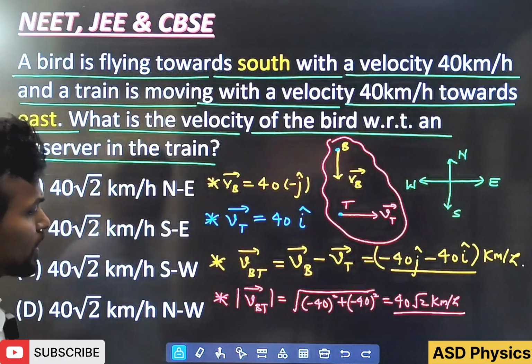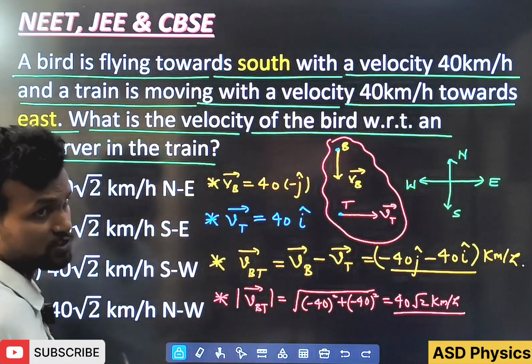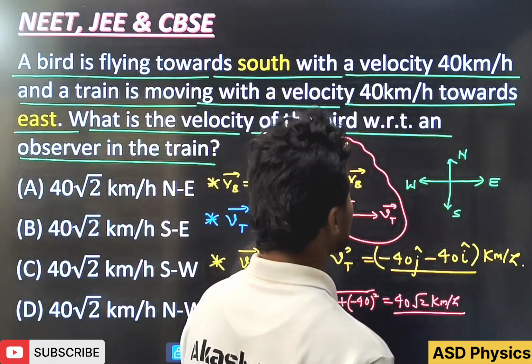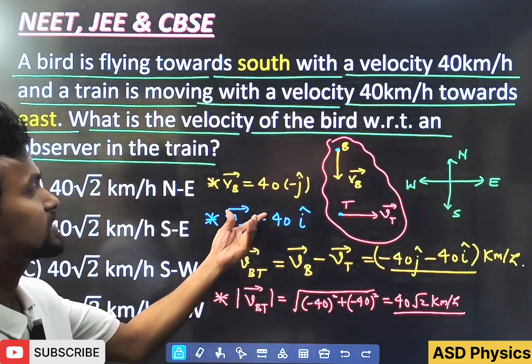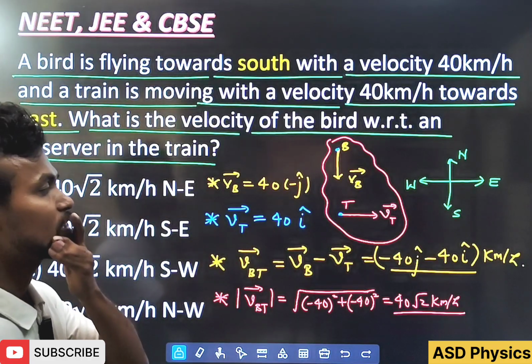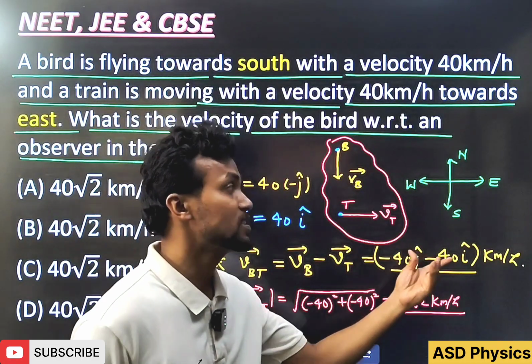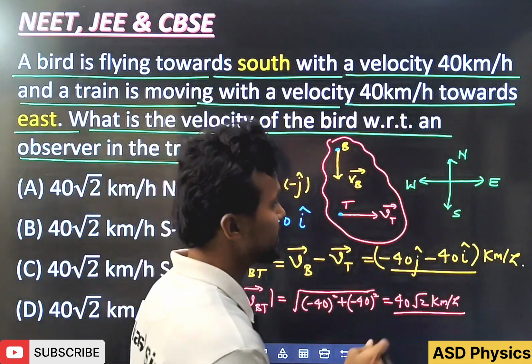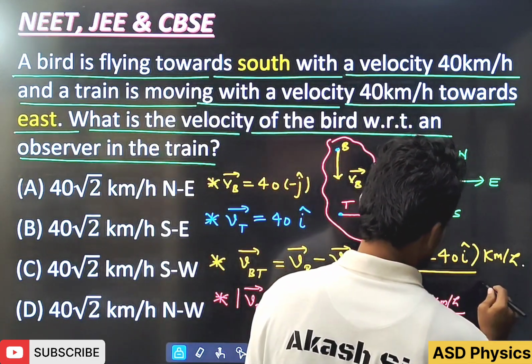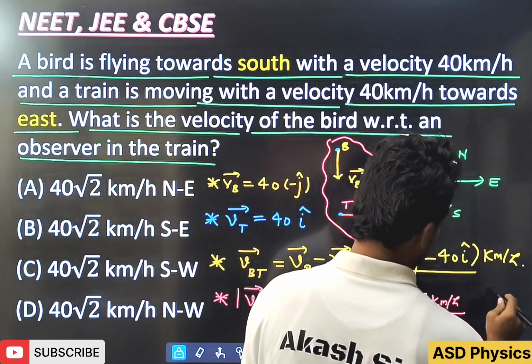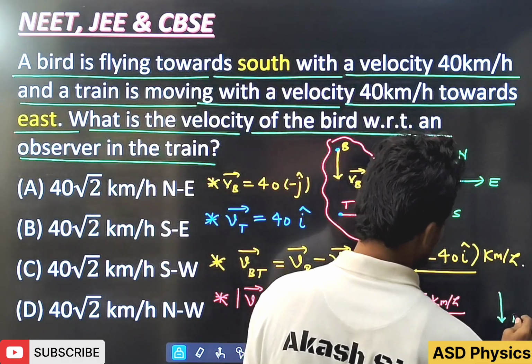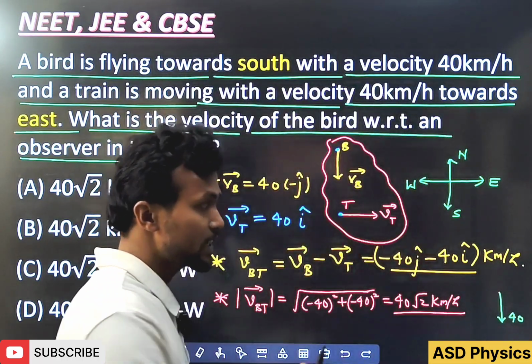Now after that, if we talk about the direction, remember what is given in the question: minus 40 j cap minus 40 I cap. So if I draw here, minus 40 j cap is in which direction? You can see very well, this is 40, the minus 40 j cap is downward.